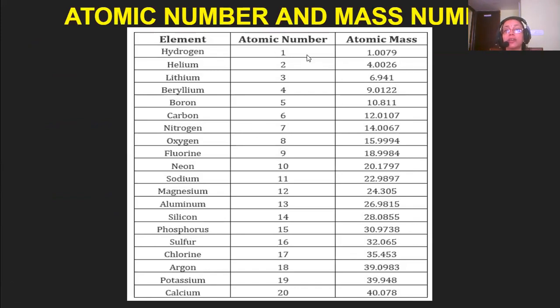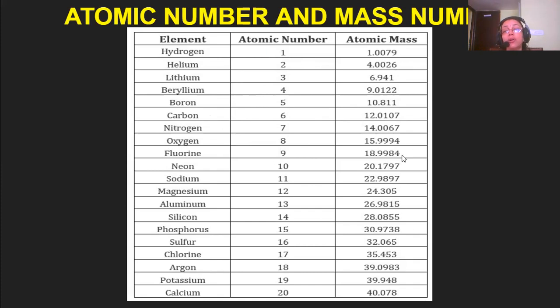Now we come to the atomic number and mass number of certain elements. Hydrogen, atomic number 1, atomic mass 1.0079. Helium 2, 4.0026. Lithium 3, 6.941. Beryllium 4, 9.0122. Boron 5, 10.811. Carbon 6, 12.0107. Nitrogen 7, 14.0067. Oxygen 8, 15.9994.